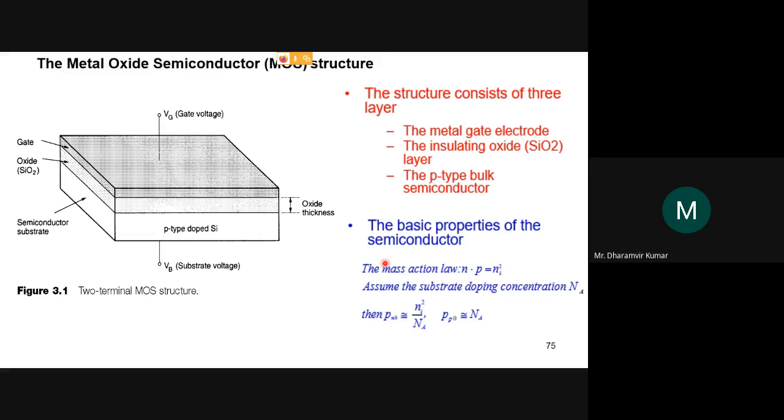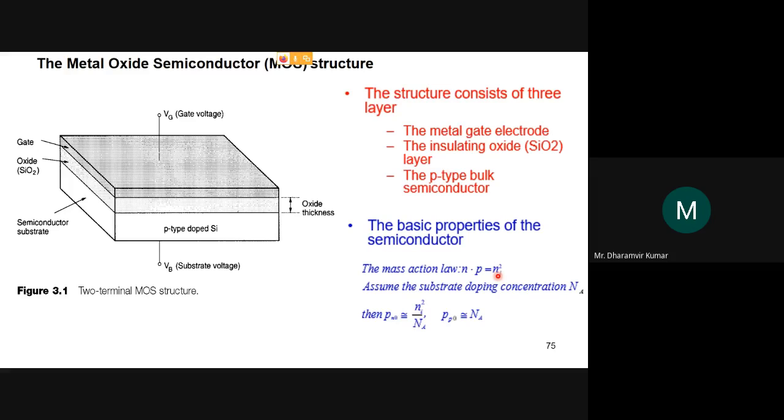You might have seen the very famous mass action law, which states that in any semiconductor, the product of n with p, that is n dot p, will be equal to ni square. Here n is the concentration of free electrons, p is the concentration of holes present in that semiconductor, and ni is the intrinsic carrier concentration.